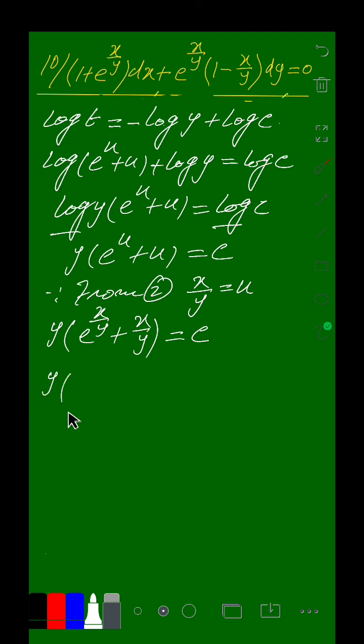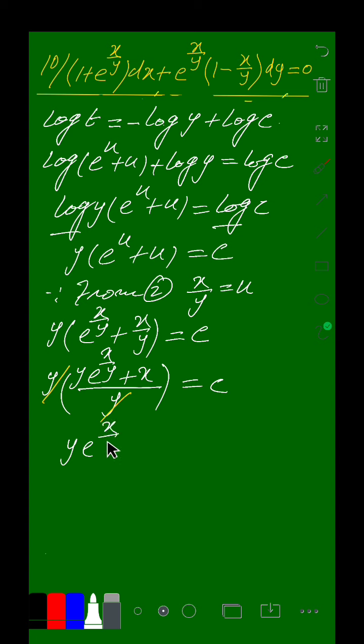Taking LCM inside the bracket y, we get y e raised to the power x upon y plus x upon y is equal to c. This y is cancelled by this y, and finally we get y e raised to the power x upon y plus x is equal to c. And this is the required solution of the differential equation.